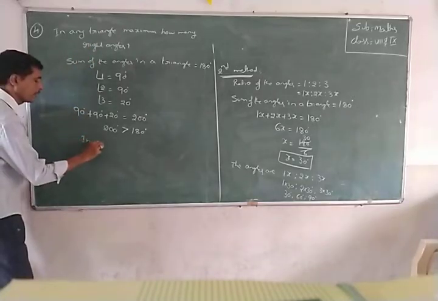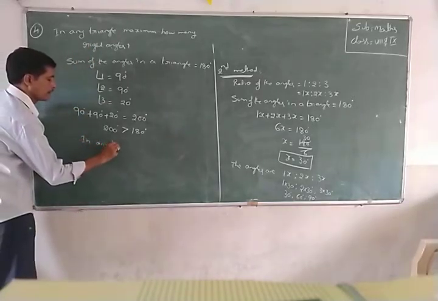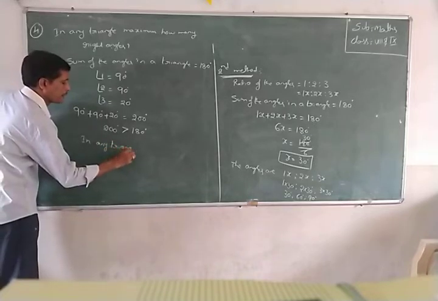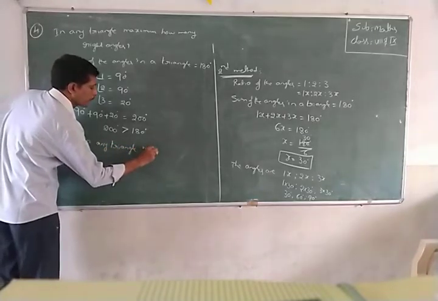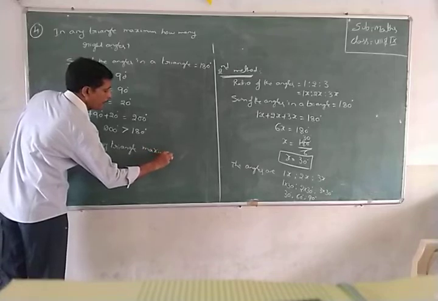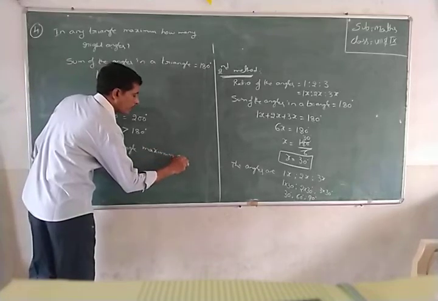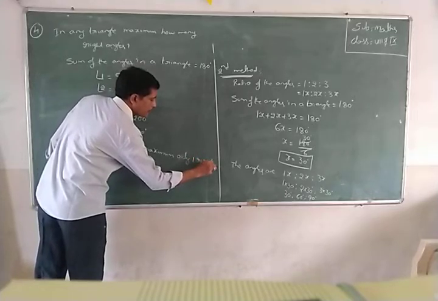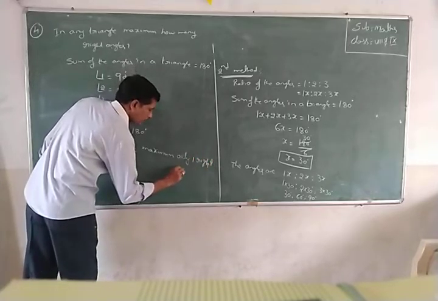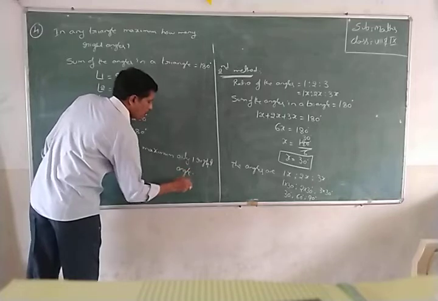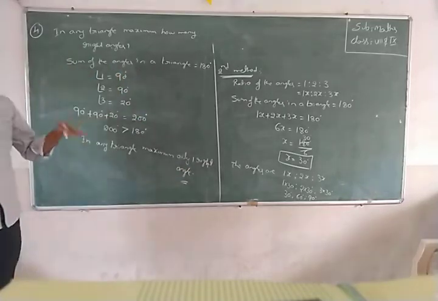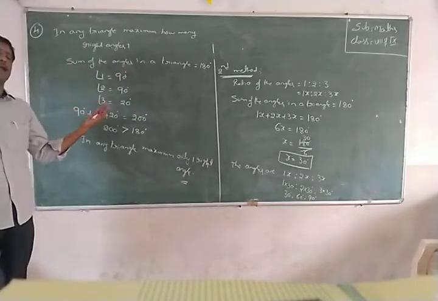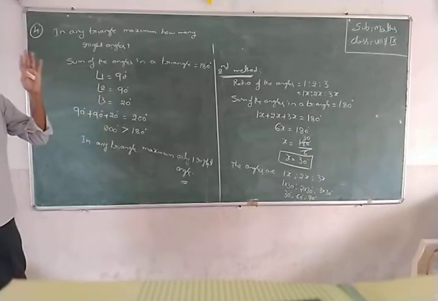In any triangle, maximum only one right angle. Any triangle, whether obtuse angle triangle, acute angle triangle, or right angle triangle, has maximum only one right angle.